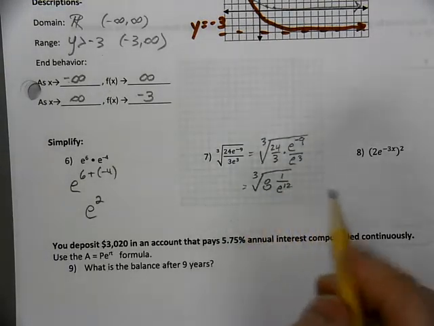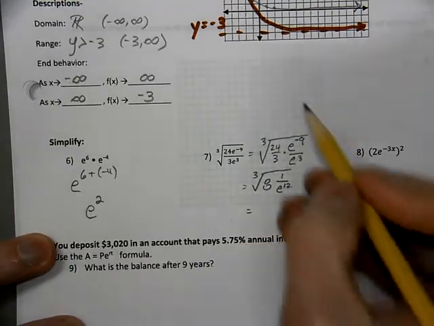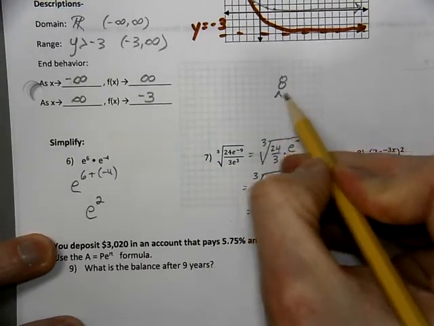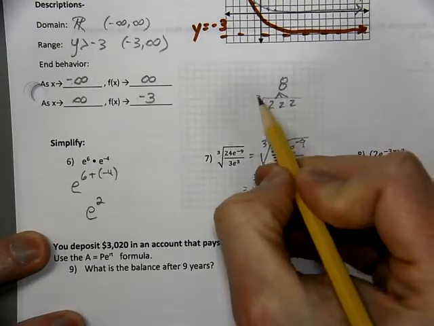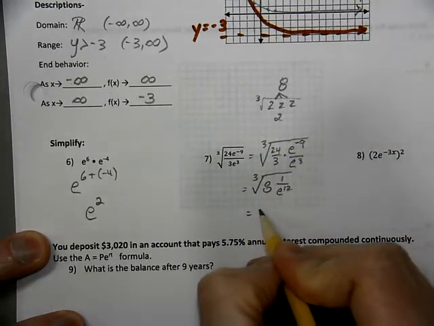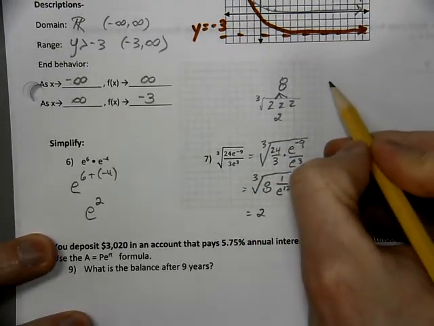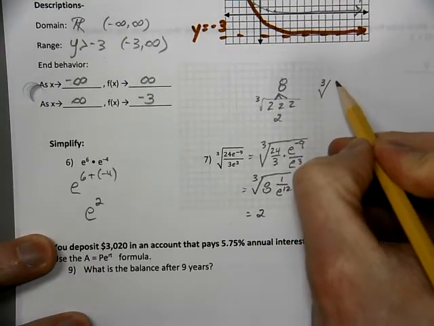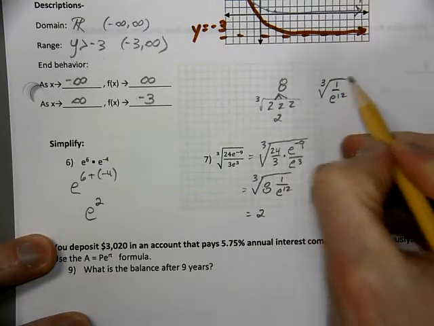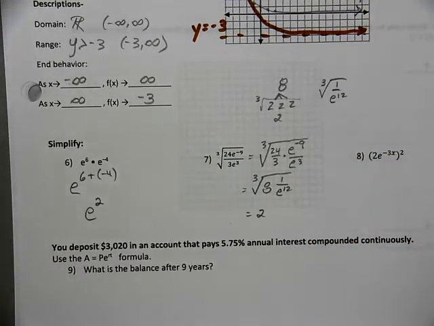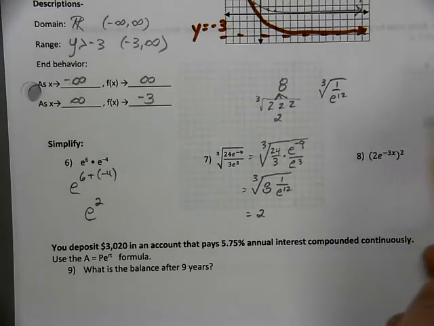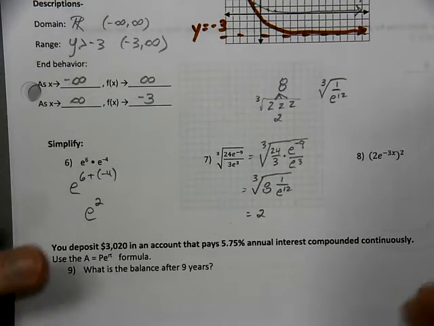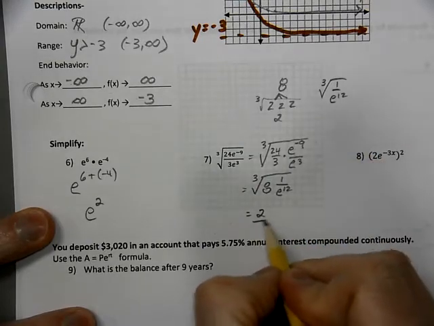Now what is the cubed root of 8? 8 is broken down into 2 times 2 times 2. So the cubed root of that would be 2. What is the cubed root of e to the 12th? Well, e to the 12th would be 12 different e's in groups of 3 at a time. That would give you 4 groups of 3. And they would be in the denominator.